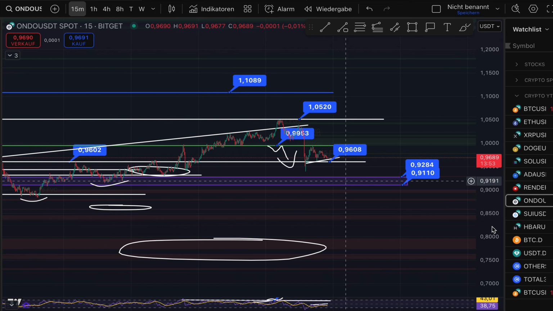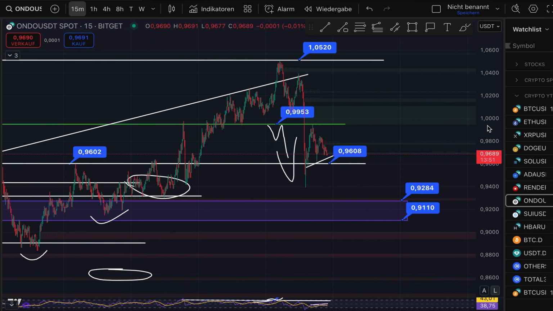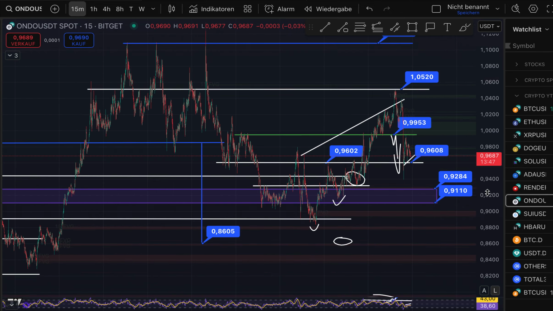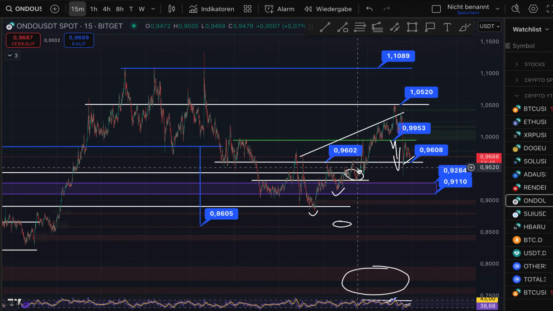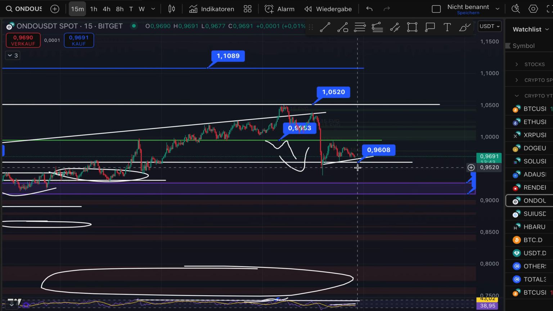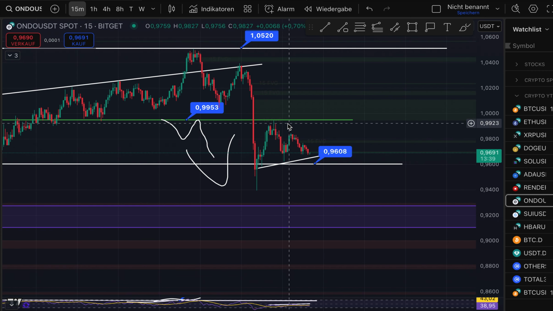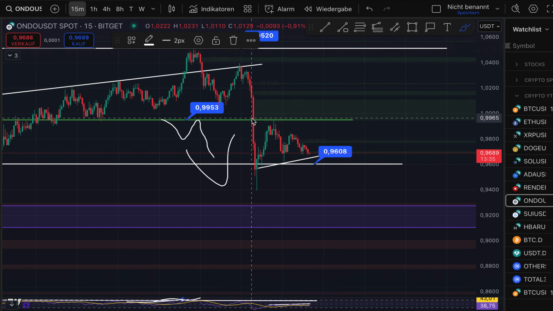So tomorrow you will have it more clean and better to see, because I think in this drawing you see everything but not the chart perfectly. So we have already said if the 99.5 cent breaks to the downside, that we can expect a push to the downside. This was here, the drawing.